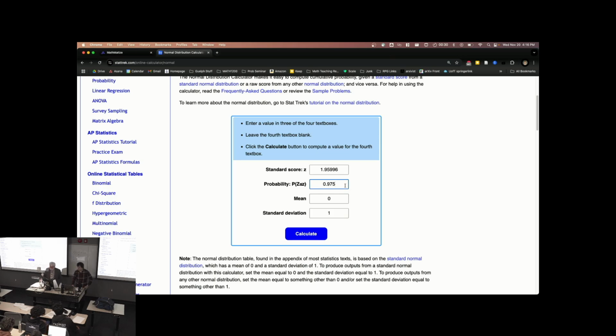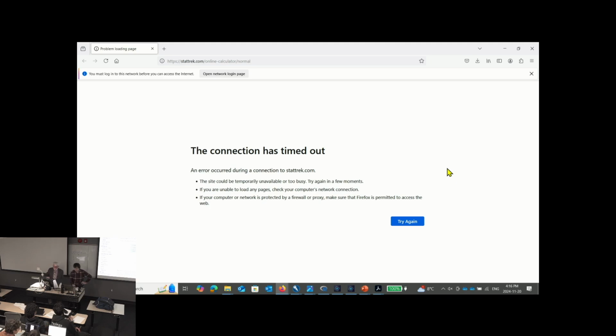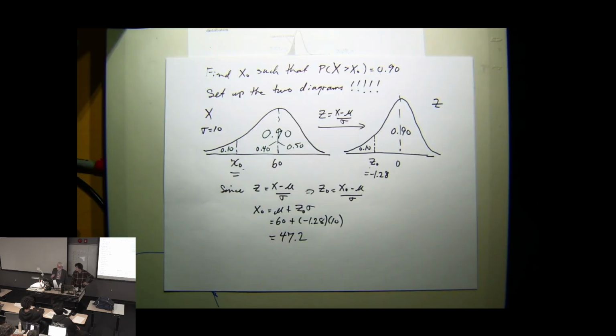Now, we just worked out a diagram here where we were trying to find what x naught was. Let's give it a standard score. We can put in the mean 60 and standard deviation 10. And we want the cumulative probability to be 10%.